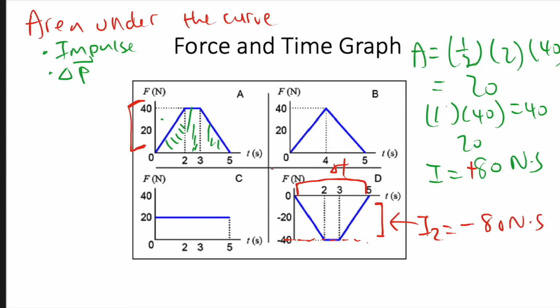So just be careful with how the sign changes based on direction or based on the force. And for this picture here, we have a constant force, so force does not change with time.